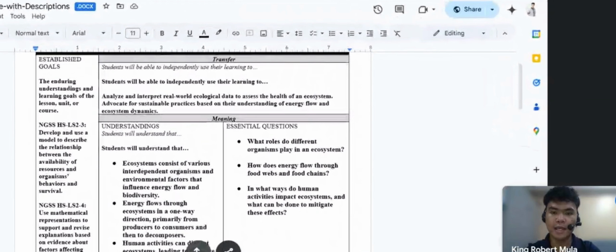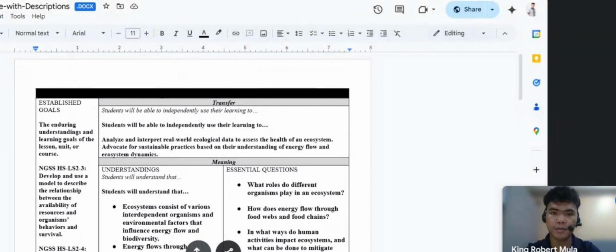Here is our presentation-style explanation of each part of the lesson plan on ecosystems using the backward design. First we have step one, which is the desired results, establish goals.